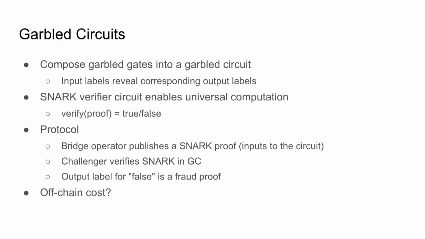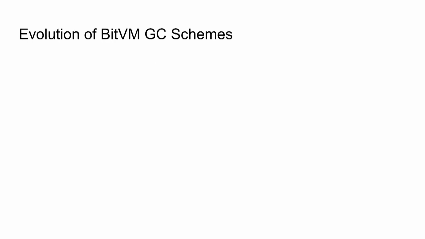However, what is the off-chain cost? How expensive is this black box? That is actually one of the main research questions people have dealt with. There was quite an evolution of garbled circuit schemes in the BitVM-adjacent research community. We first started with Yao-style garbling, which is already from the 80s.